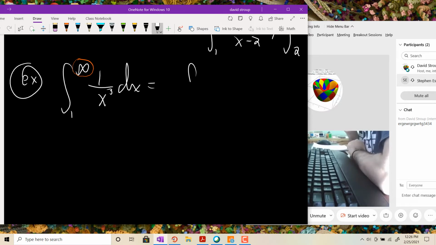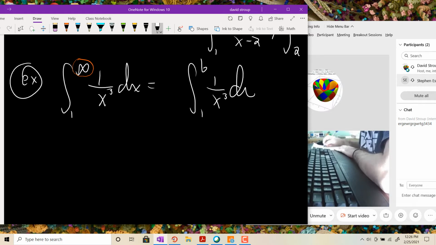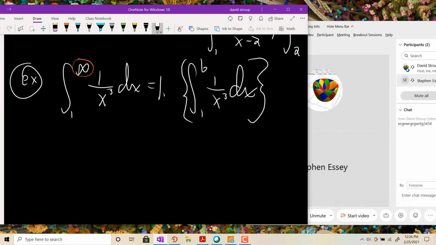So what you do is turn it into a definite integral by replacing that trouble limit with a variable. And then you'll integrate this thing, right? And then at the end, when you're done integrating, you just take the limit as this b value goes to, in our case, infinity. Okay.